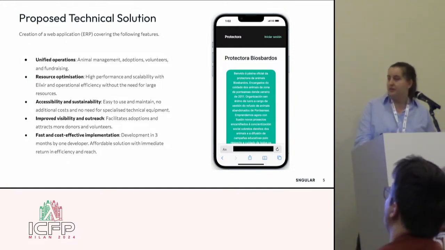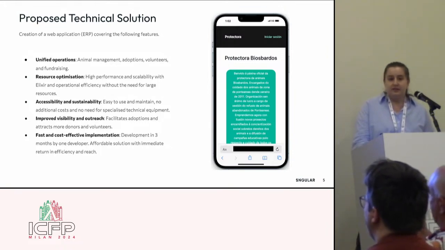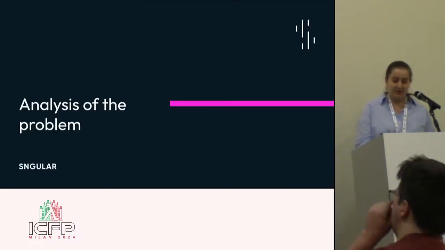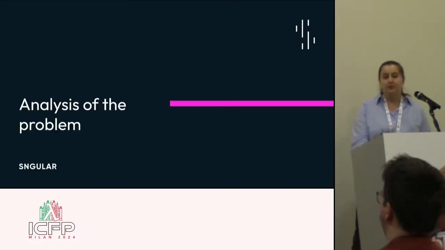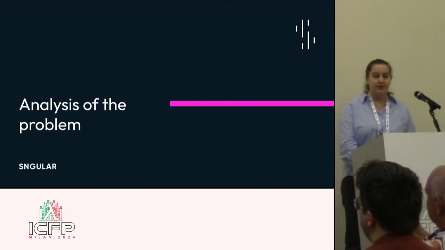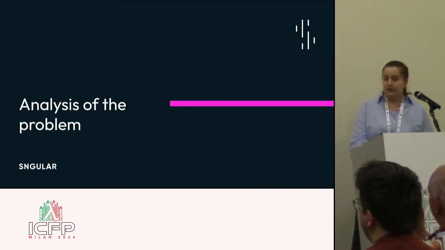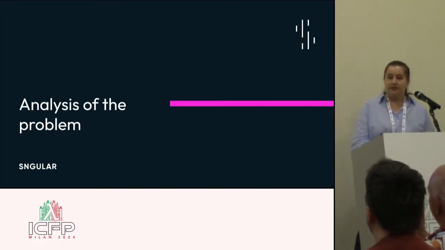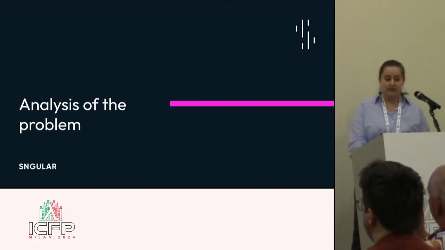In this specific use case, this application was developed by one person in almost 3 months, not really 3 months, and the cost at the end will surprise you. So, first of all, we need to analyze the problem to really know what kind of software we can make. Of course, everything is going to use Elixir and all the tools that this environment brings us.